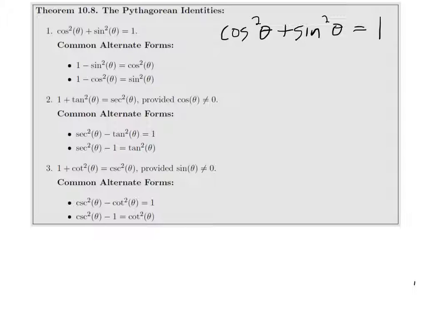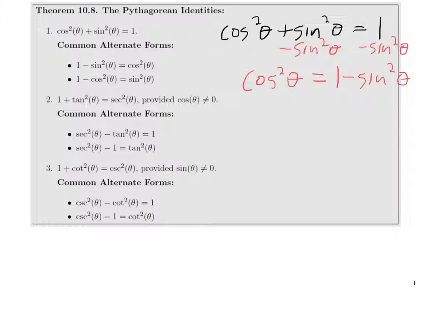They are not necessarily worth memorizing because of this simple thing. If I were to subtract sine squared theta from both sides of this equation, I would get cosine squared theta equals 1 minus sine squared theta.